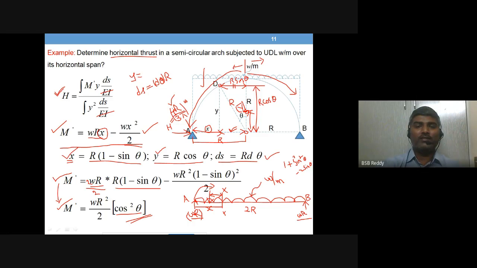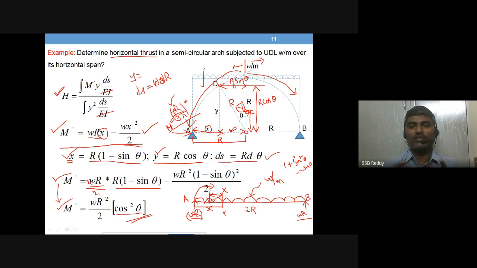Just to remember this value, you can write it like this instead of reading it as 4r w by 3 pi. If you read it as 4r by 3 pi into w, it means a centroid quantity into the load.